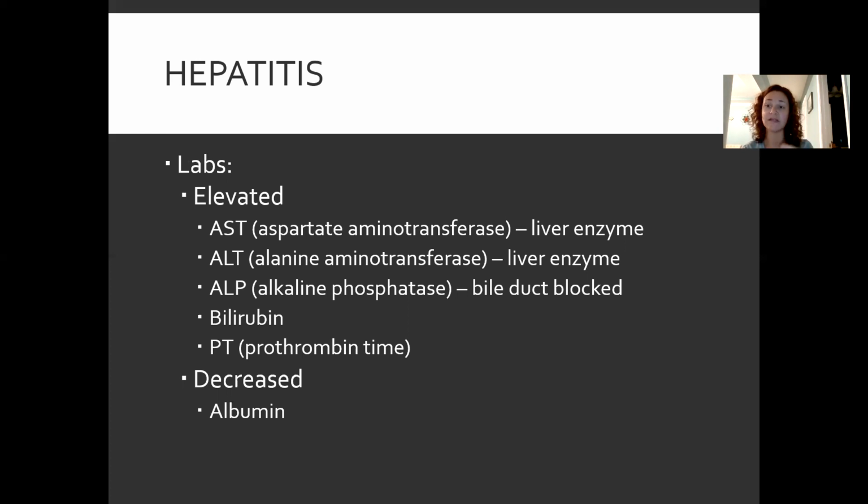And that's because PT and PTT are clotting times. They measure how long it takes the body to clot. If we have a deficiency of clotting factors, then it's not going to clot quickly. So basically, instead of functioning within the normal clotting time with normal clotting factors, since they don't have it, it's going to take longer for a clot to form.